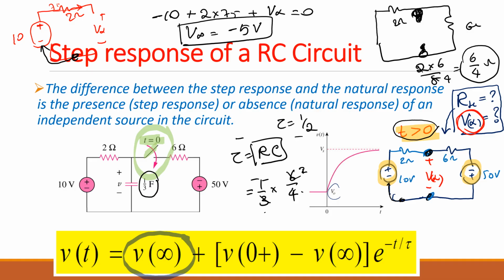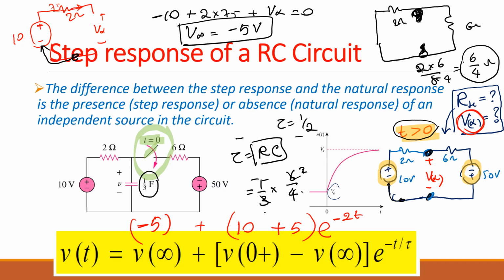So what did we get? We get negative 5 here, and this one was 10, and negative will become plus 5, and e to the power negative 2t. So this will be your equation. You can simplify it and write it. Vt is equal to negative 5 plus 15e.